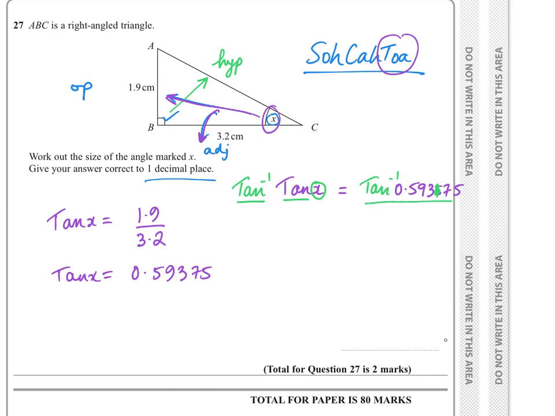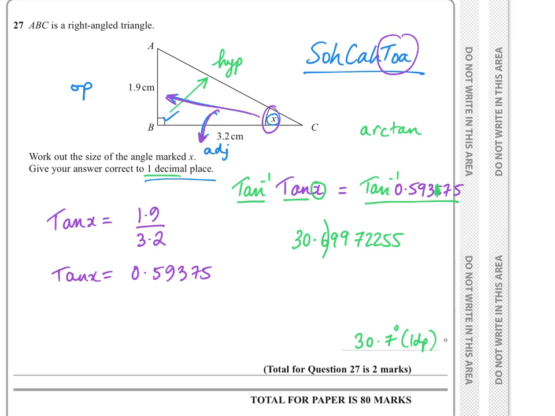So what we put in our calculator is tan to the minus 1, or arctan, it's known as arctan, of 0.59375, and the calculator display would say 30.69972255, and we want that to one decimal place, so we're going to get 30.7 degrees, and I'm going to write 1 dp in there.